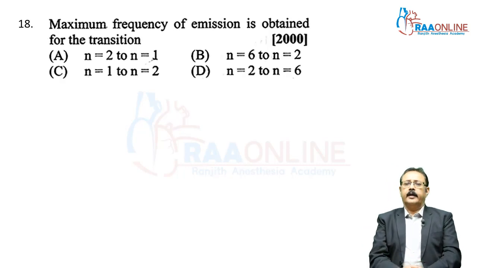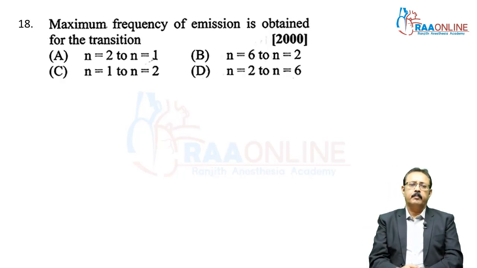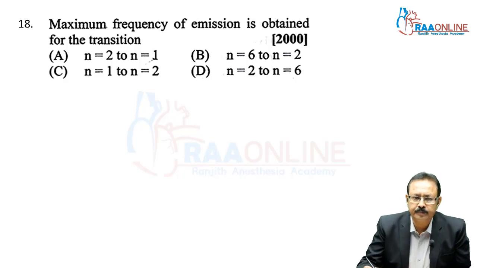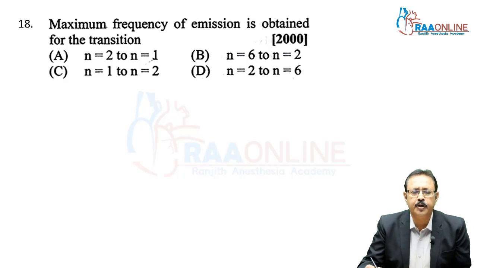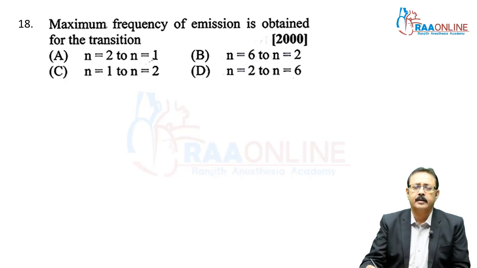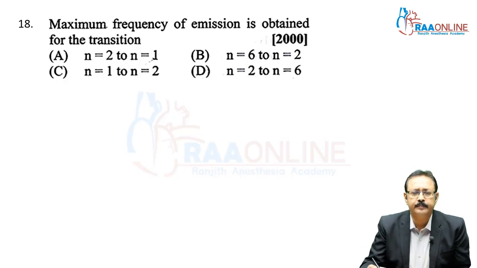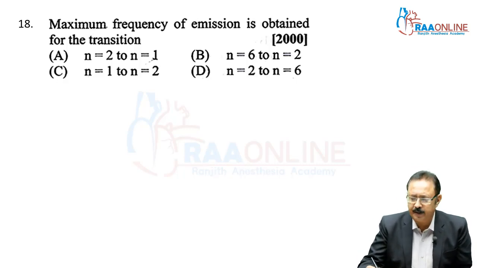18th, it is from 2000. Maximum frequency of emission is obtained from the transition. We know that delta E should be maximum. Frequency maximum means energy maximum. So what is the energy in first orbit? We are talking about a particular element.